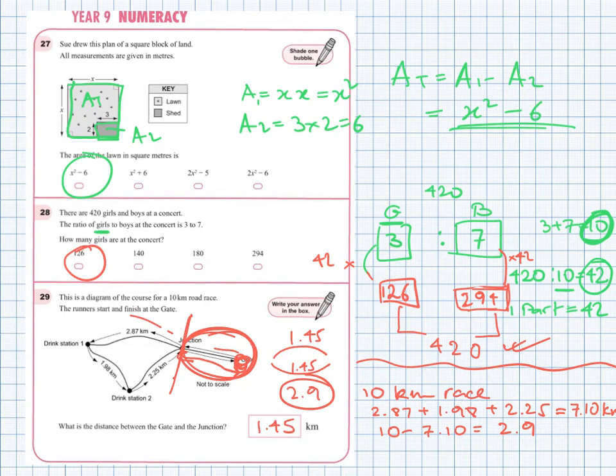Again, you can check this one using calculator. So you're saying, okay, 1.45 going that way, adding this one, that one, that one, that one, and then one more time here, 1.45, and all this should give you 10 kilometers.